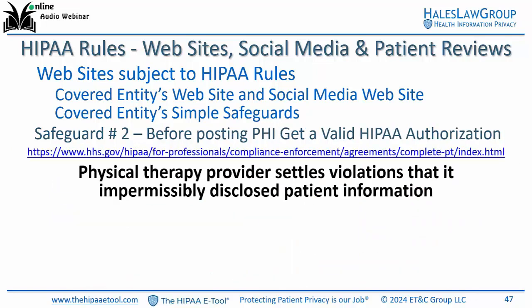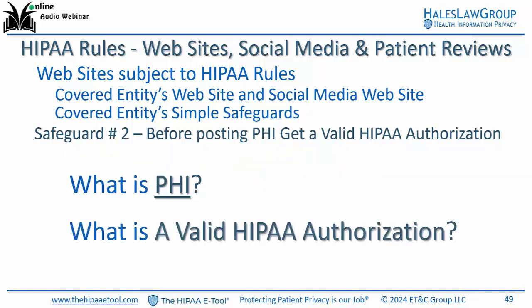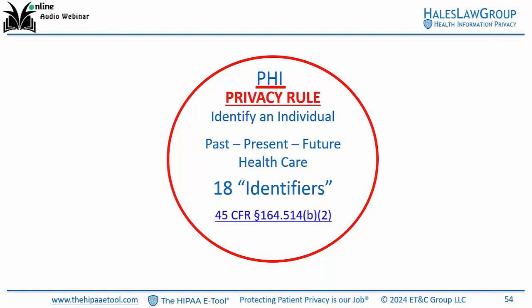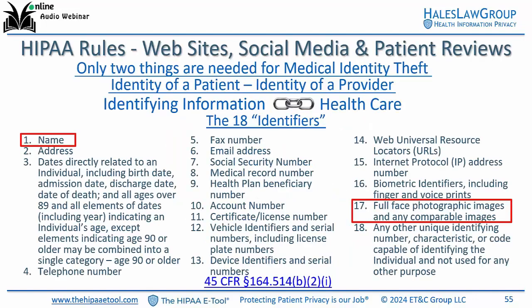Now, here's an example of the second safeguard. It raises two questions: What is PHI? And what is a valid HIPAA authorization? Well, the identity connected to the provision of healthcare is protected health information. So here are all of the identifiers.